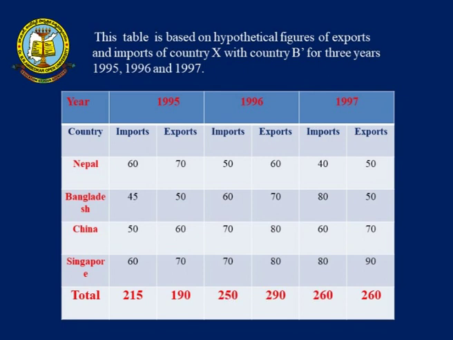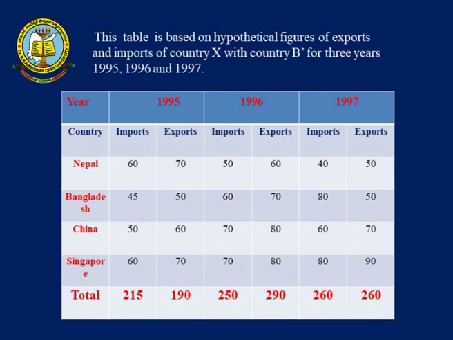Imports in 1996 are from Nepal 50, Bangladesh 60, China 70, Singapore 70. In the same year, exports are Nepal 60, Bangladesh 70, China 80 and Singapore 80. In 1997, imports are Nepal 40, Bangladesh 80, China 60, Singapore 80, total 260 units. Exports in the same year are Nepal 50, Bangladesh 50, China 70, Singapore 90, total 260.